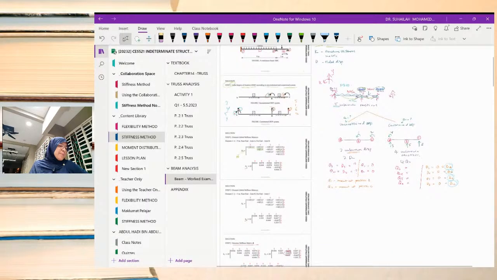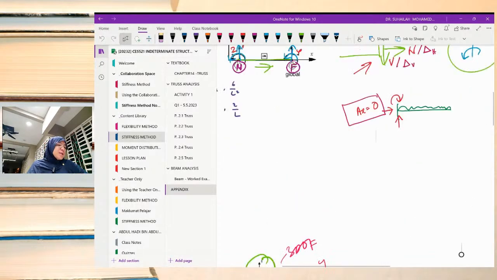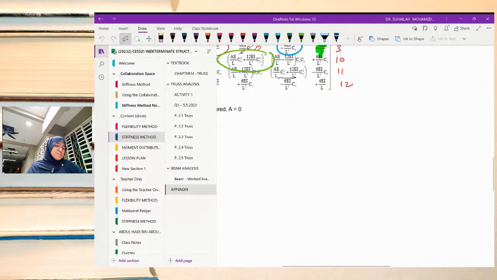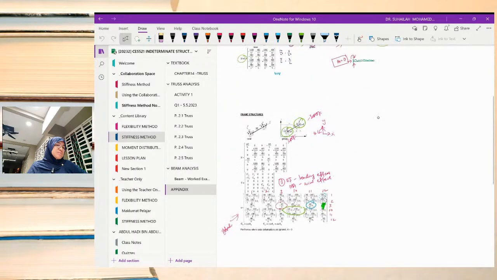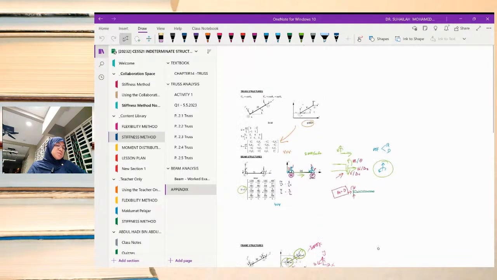Under the appendix, fixed end reaction. So let's look at the appendix back. Okay, under appendix page 3, where is page 3?